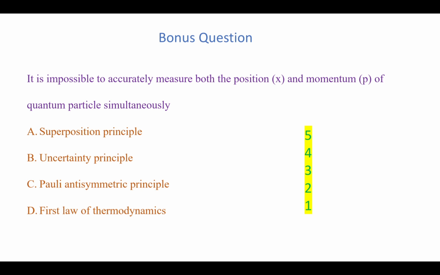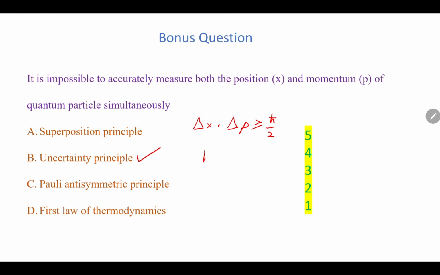Alright, the correct answer is uncertainty principle, fully known as the Heisenberg uncertainty principle. It states that you cannot accurately determine the position and momentum of a quantum particle at the same time. Mathematically, the product of the change in position and the change in momentum is greater than or equal to reduced Planck's constant over 2.